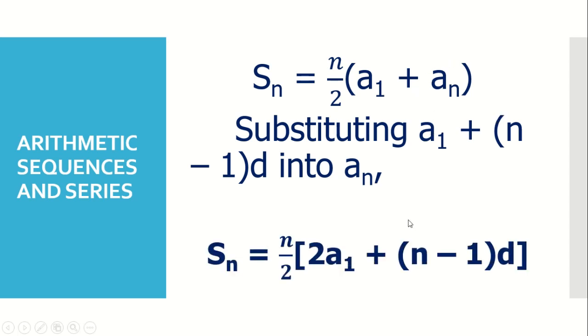So we have S sub n equal to n over 2 times the quantity 2a sub 1 plus n minus 1 times d. This is another formula in finding the arithmetic series, wherein the first term, the number of terms, and d are given.